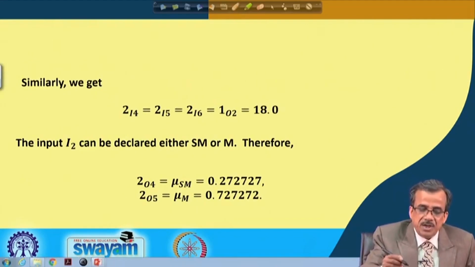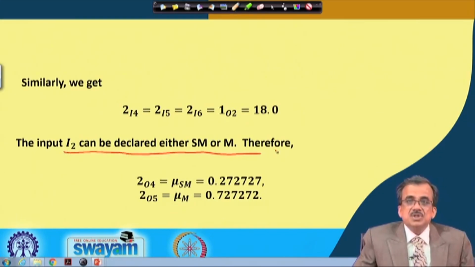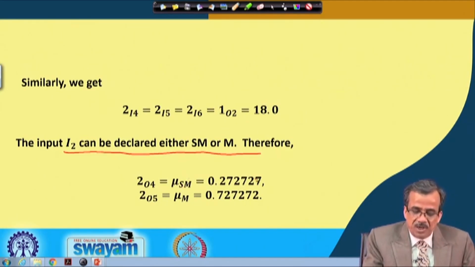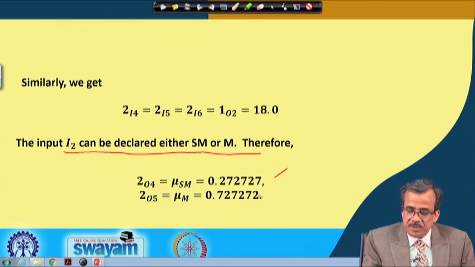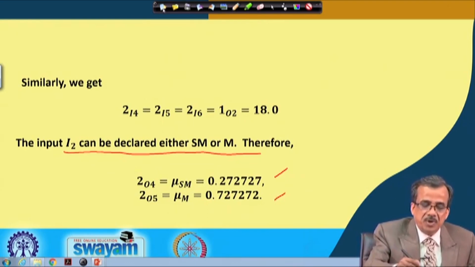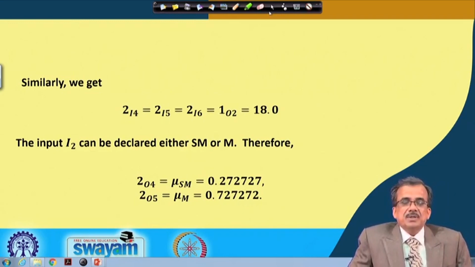Similarly, corresponding to I2, this I2 can be called either small or medium, and we can find out mu small is 0.272727 and mu medium is 0.727272. So, we can find out the mu values, that is the membership function values. That means the fuzzification is over.